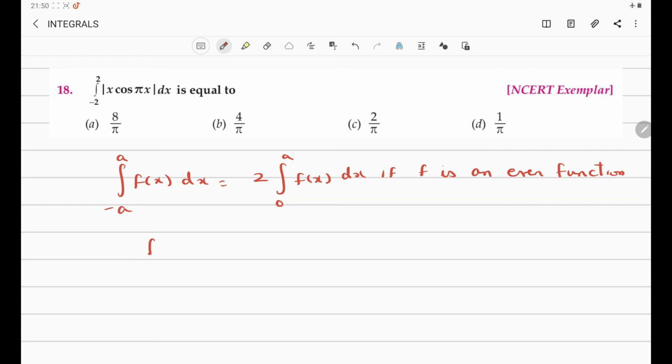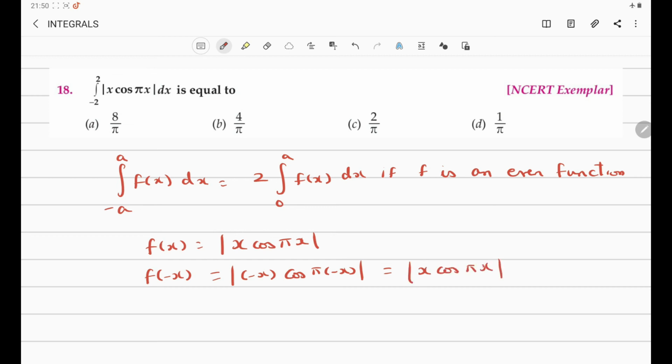So let us consider f of x equal to modulus of x cos pi x. On substituting minus x, we get modulus of minus x into cos pi into minus x, and we get the same as modulus of x cos pi x, because modulus of minus x is still modulus of x, and cos of pi into minus x is cos of minus pi x, which is again cos pi x. So this is equal to f of x.